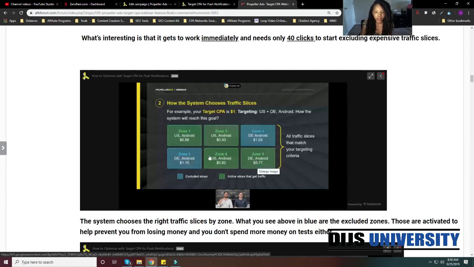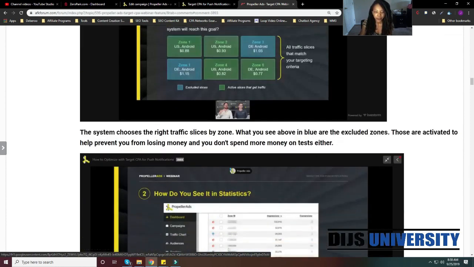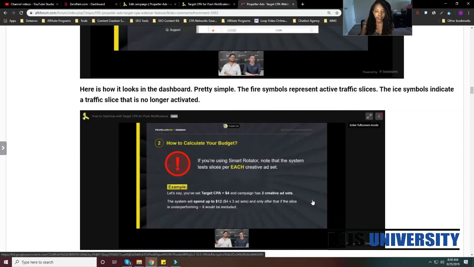If you're saying that you're only willing to spend $1 to get your leads, and these zones have spent more than $1, then they're going to be excluded. And then these have not reached $1 yet, so these are still going to remain, right? So that's pretty much what that is.